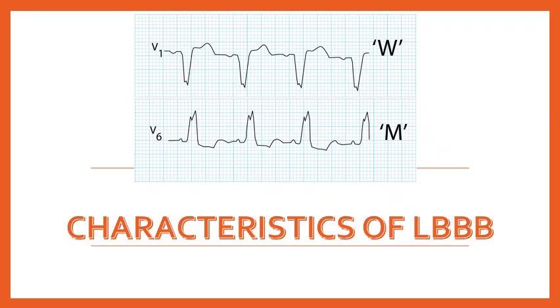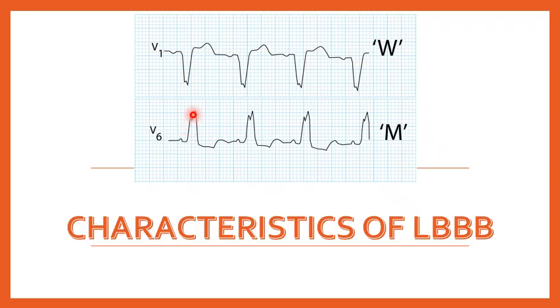So when we take a look at the characteristics of a left bundle, now look down here, V6 looks right at that left side. And so we can see here that this patient is in sinus rhythm, is he not? But you look at the QRS complex and you've got this big, wide QRS, no doubt about that, that's too big.